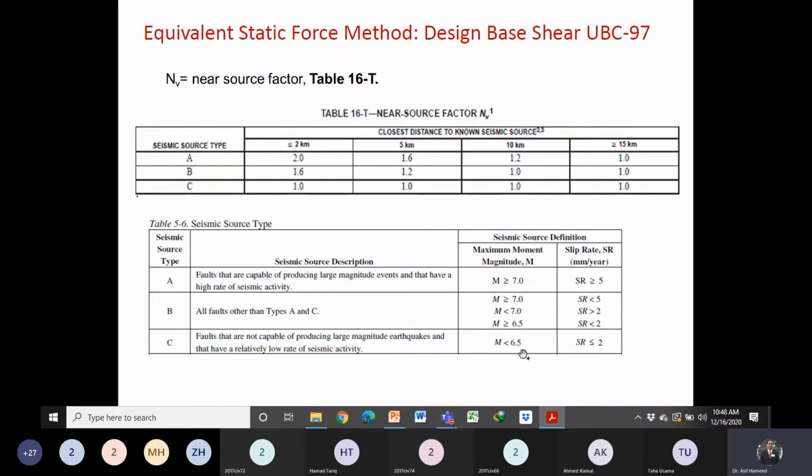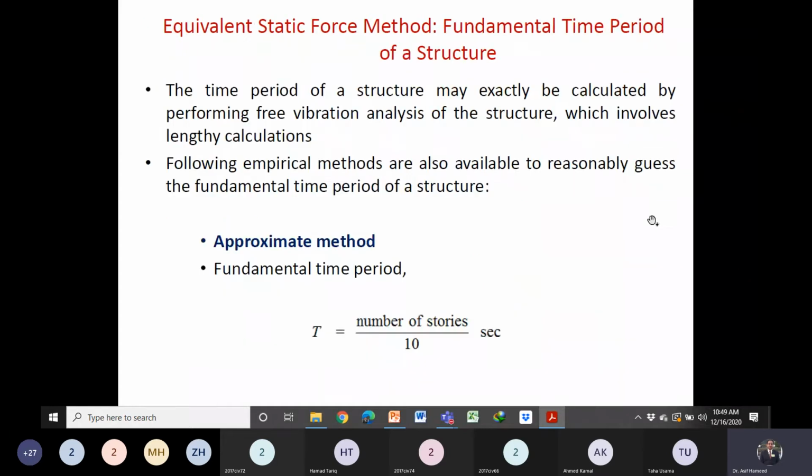If the magnitude of the earthquake is less than 6.5 and the slip rate at the active fault is less than 2 millimeter per year, then that is seismic source type C. And then we can see the value of the near source factor from this table, depending on how far the location is from the epicenter: less than 2 kilometers, 5 kilometers, 10 kilometers, and more than 15 kilometers.